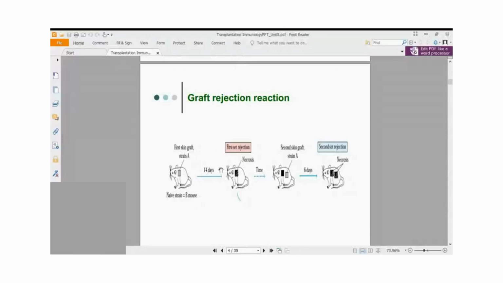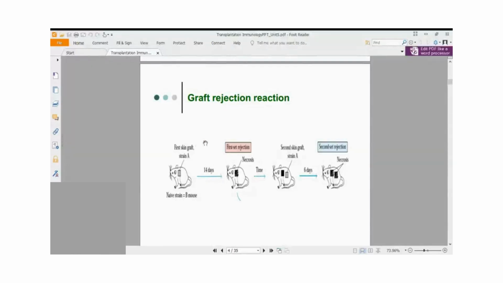When the graft is given to the recipient and blood vessel contact has been established with the graft, the immune system of the host or the recipient will start sampling the antigens that are present in the graft, and that is the first step. That first step of sampling of the fresh graft by the host is called the sensitization phase.